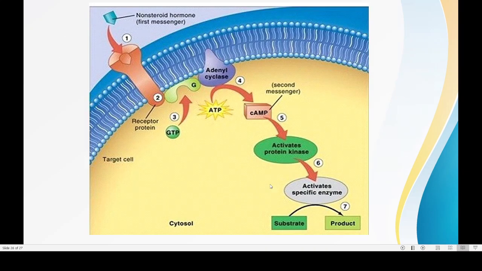Here you can see that when a hormone receptor complex is formed, it exerts its action inside the body through another messenger, which we call cyclic AMP. What you have to understand is that this hormone is what we usually call the first messenger. This hormone is not directly entering into the cell.